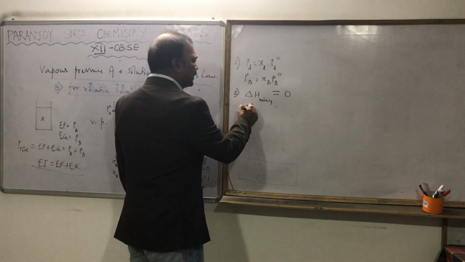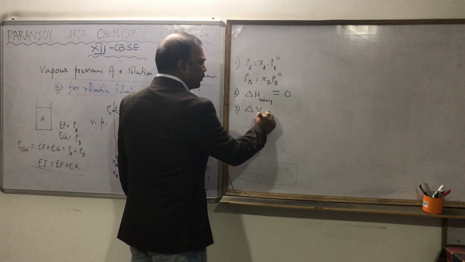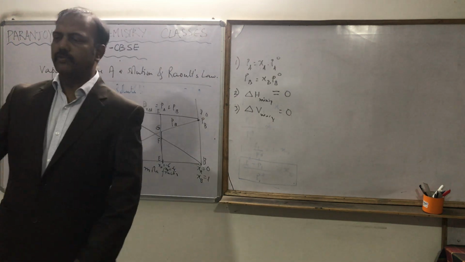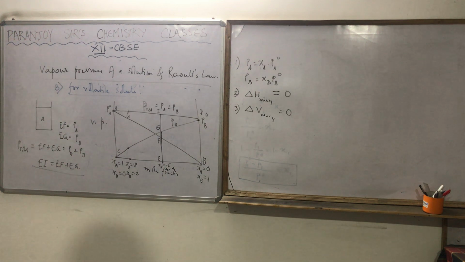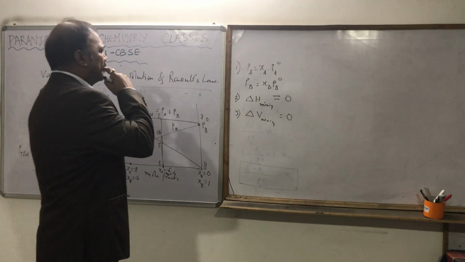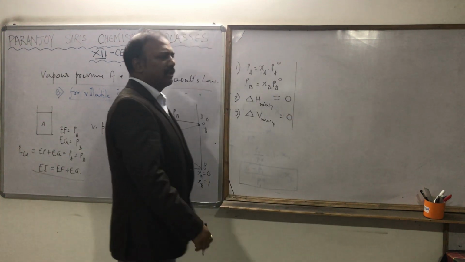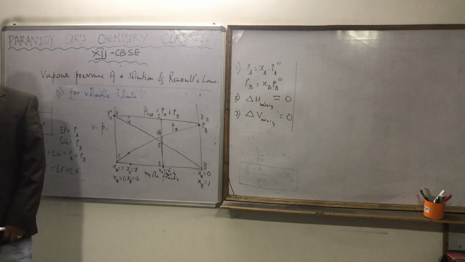The third condition is that delta V for mixing should also be equal to 0. That means there is no volume change on mixing. These are the conditions. If they are fulfilled by the solution of the volatile solute, then we call it an ideal solution.